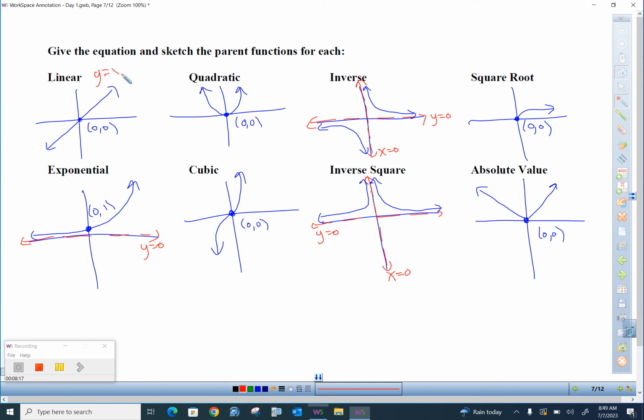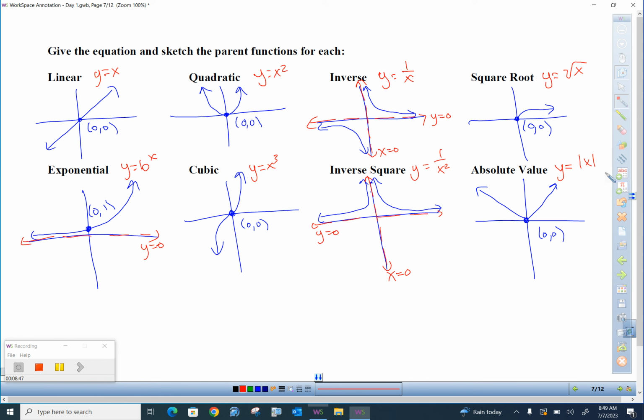Linear is y equals x, quadratic, y equals x squared, inverse, y equals 1 over x, square root is literally the square root of x, exponential, we've got some base we're working with, growth or decay based on that number, and then cubic is x cubed, inverse square, the only difference here is we see a squared on the bottom, and then absolute value around the x for that last one. Okay, so keep bringing those back to your memory.